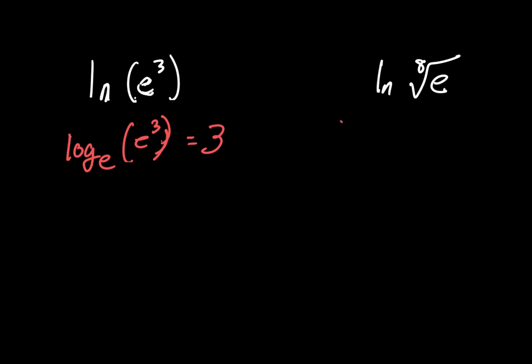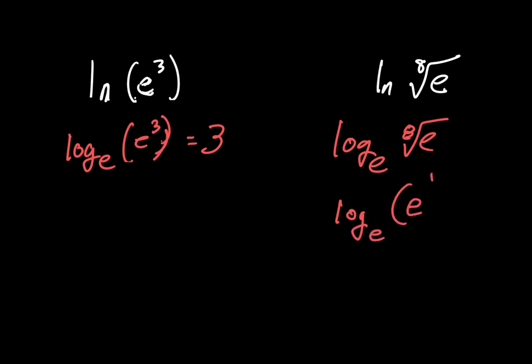So on the right side, we're going to have log base e of the 8th root of e. Here it's trying to get you to remember, what is this as an exponent? If you can remember this as an exponent, life becomes a lot easier, because then I'll have log base e of e to the 1/8 power. Roots are fractional powers.